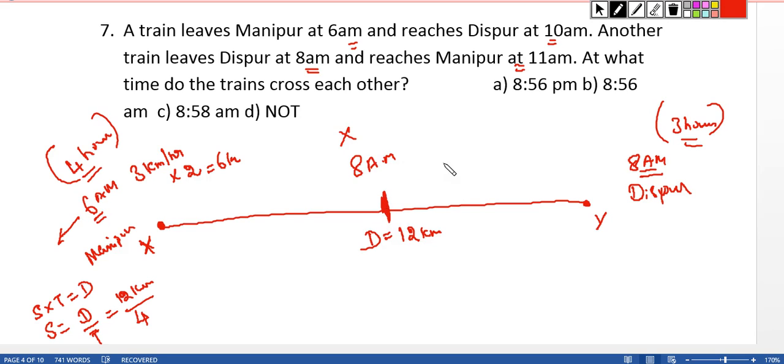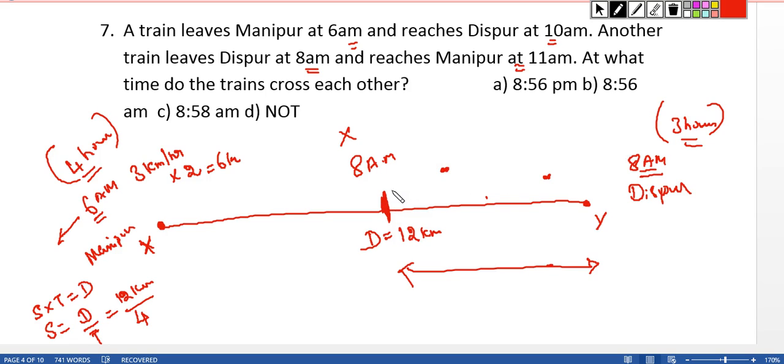So what's the remaining distance left to be covered? In order for the two trains to cross each other, if this train X is at this particular place, this train Y should be at this particular place.